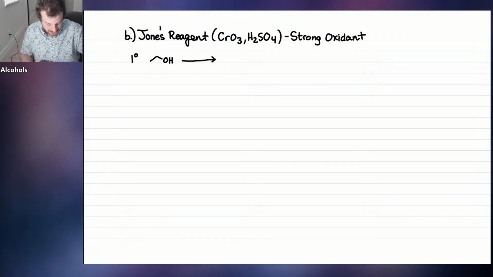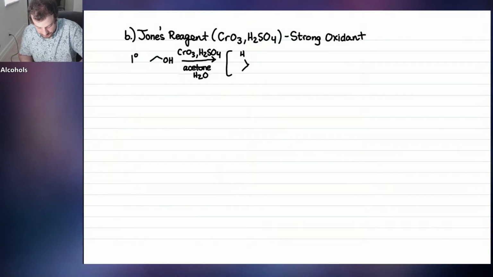And the combination is CrO3, H2SO4, and then the solvent is typically a mixture of acetone and water. I don't know why that has been the preferred solvent for this reaction. Seems a little bit strange to me to mix acetone and water. And then the product of that reaction is just like PCC, it's the aldehyde.